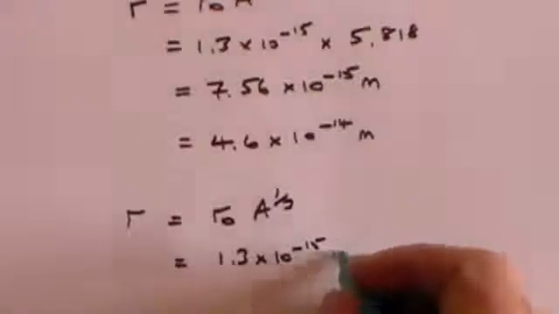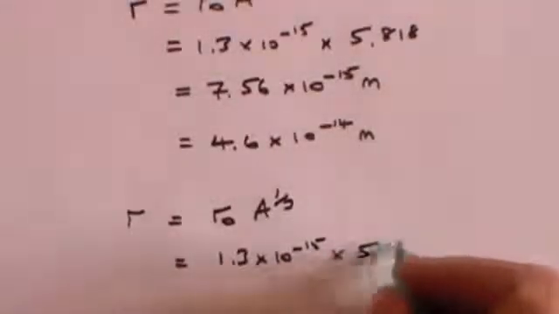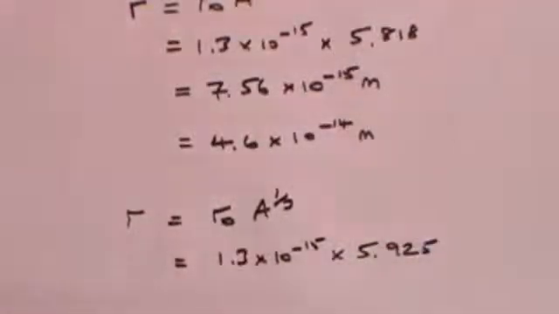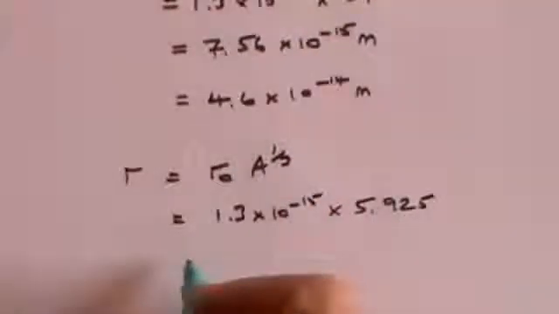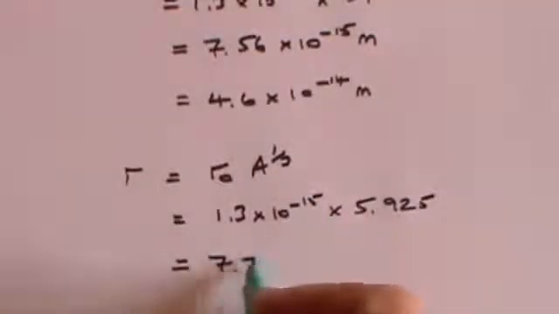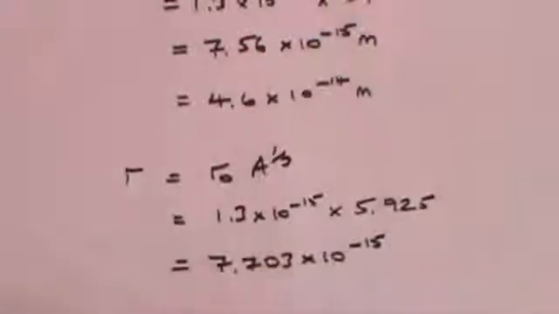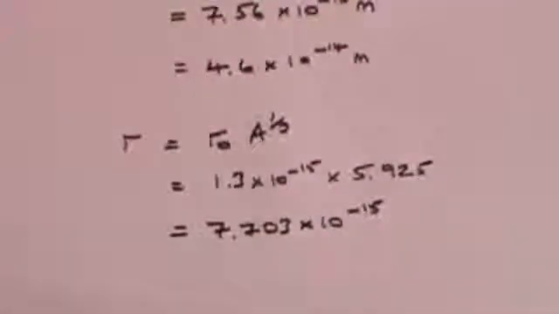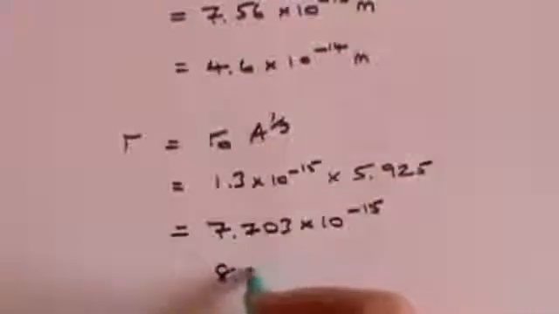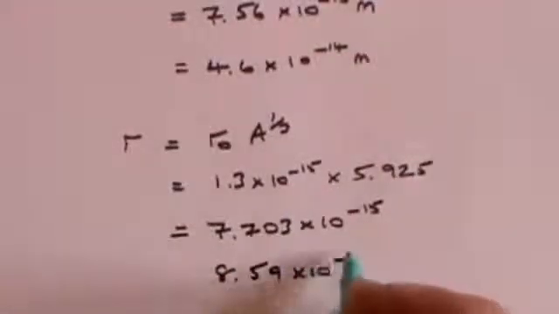The cube root of 208 is 5.925, and if you multiply that, you get 7.703 times 10 to the minus 15 meters, whereas when we did the experiment earlier using alpha particles, we got 8.59 times 10 to the minus 15.